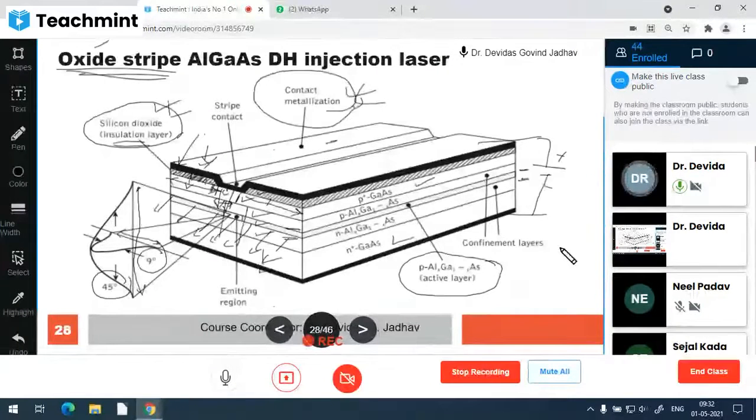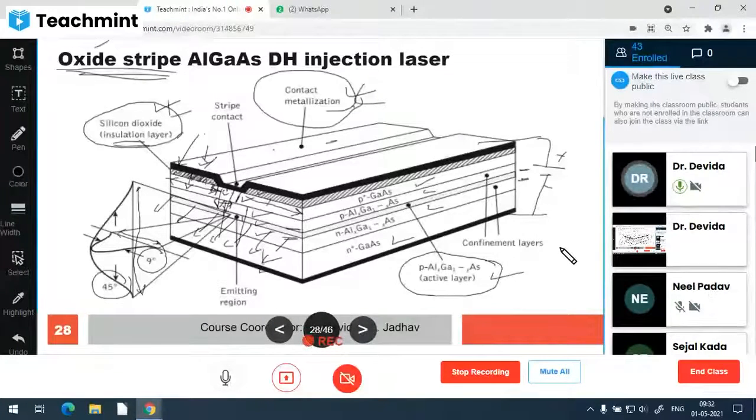The active region refractive index is higher, and the neighboring two layers, N-AlGaAs and P-AlGaAs, have lower refractive indices than the active region to make optical confinement. So here it is optical confinement, here electrical confinement, and here charge carrier confinement.